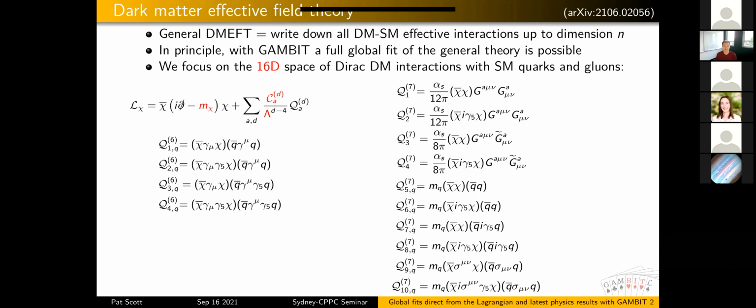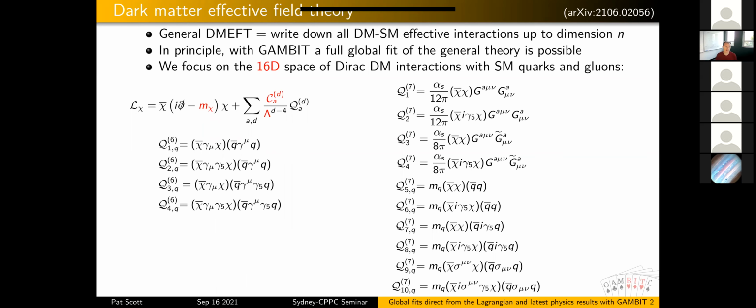Here you would write down all dark matter standard model effective interactions up to some mass dimension n, where we're free to choose n, right? You might start with something small, 5, 6, 7. In principle, it's possible to do a full global fit of the general theory with GAMBIT, but that's a massive undertaking.